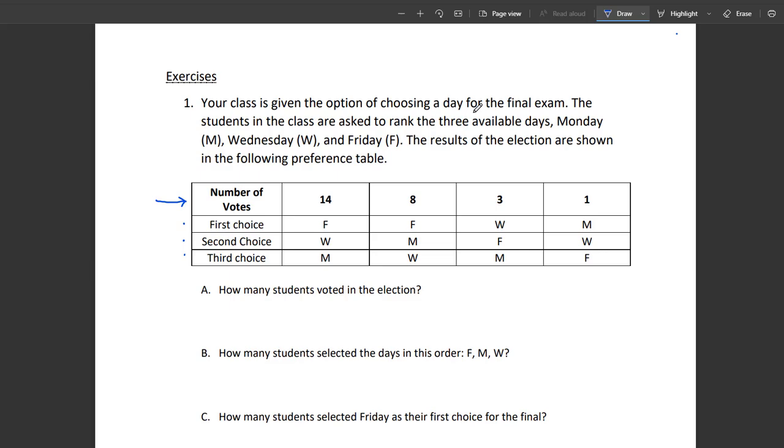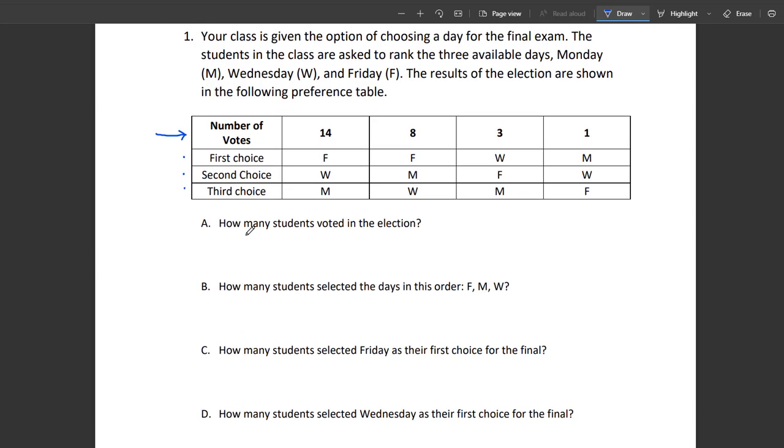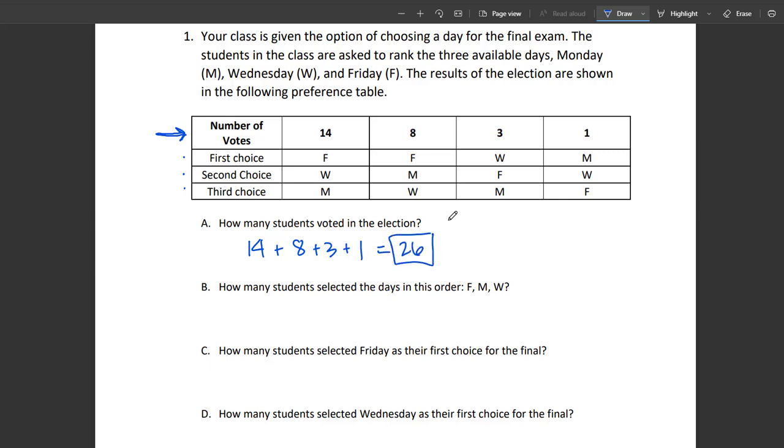The students in the class were asked to rank 3 available days, Monday, Wednesday, and Friday. So they're going to choose their first choice, second choice, and third choice. And then this table shows us everyone's choices. So how many students voted in the election? Our number of votes tells us how many students voted. So we have 14 plus 8 plus 3 plus 1 gives us 26 students who voted.